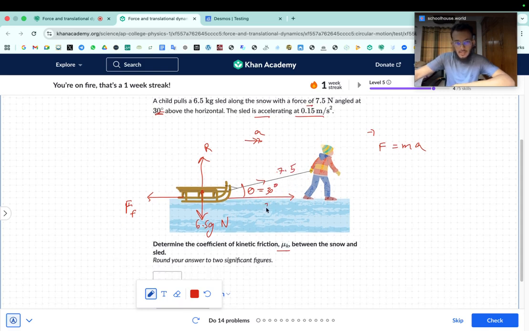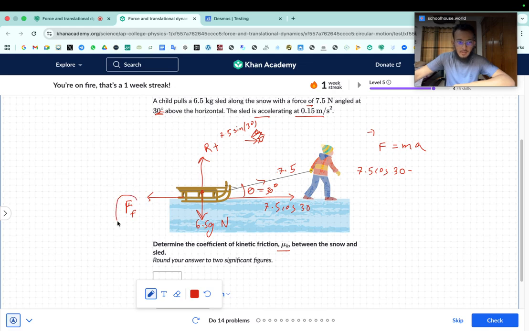So this is 7.5 cos 30, and we also have this added to the normal reaction force. So this is 7.5 sin 30. So F equals ma. F equals 7.5 cos 30. Okay, this direction negative.